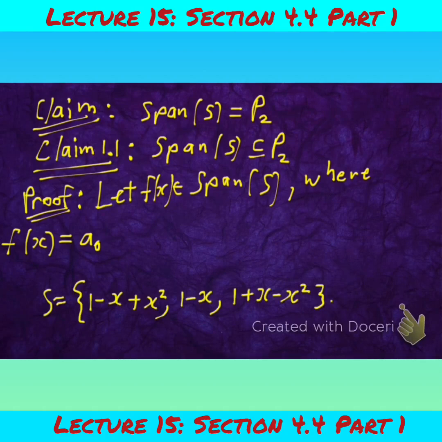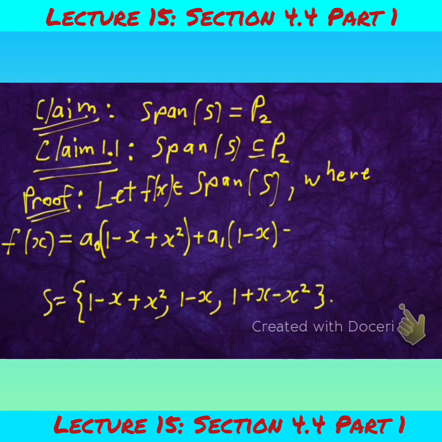Now recall that S is that given set there. So now let's form a linear combination. Take the first function, place it there. That's my first term, a1. Take my second function, place it there.